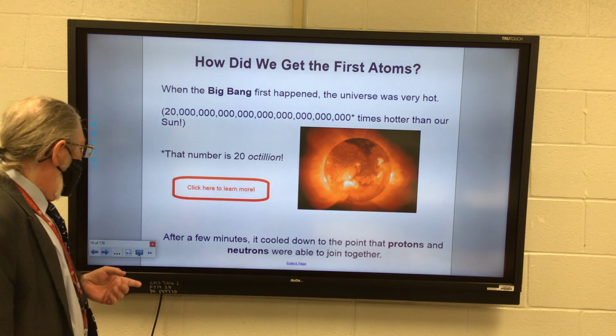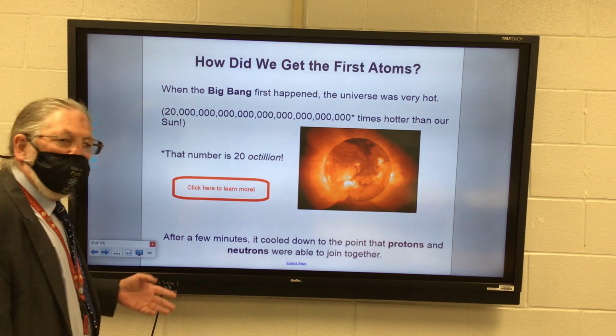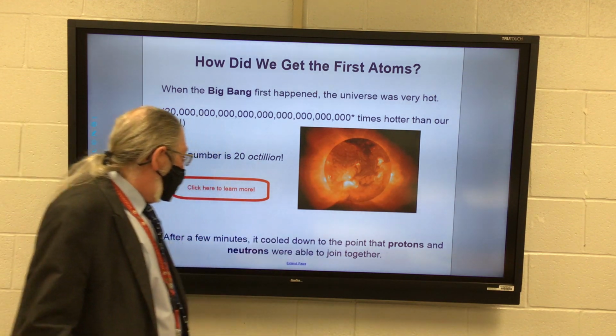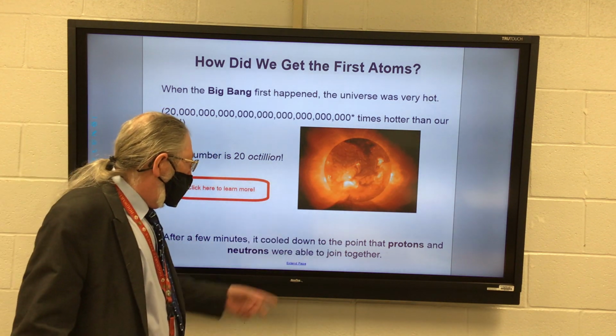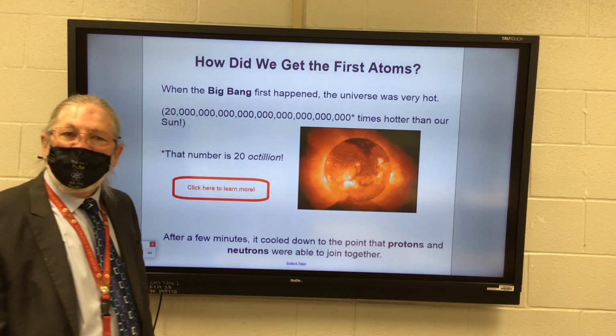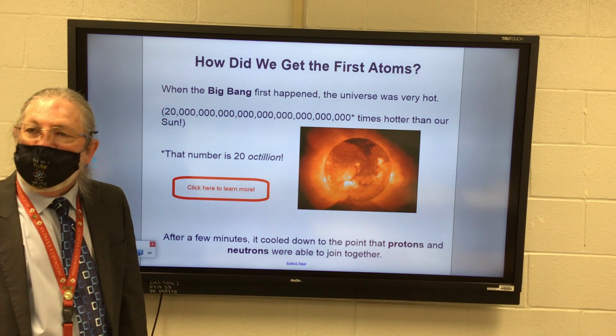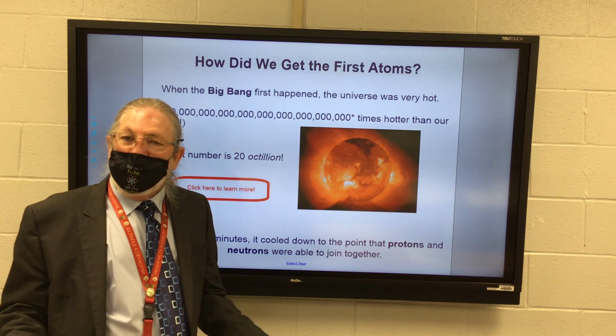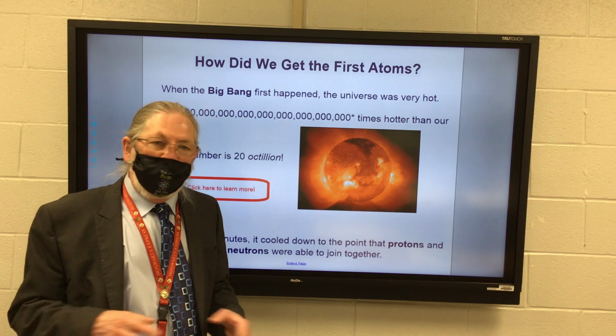Okay, after a few minutes, literally after a few minutes, it cooled down to the point that protons and neutrons were able to join together. Protons are positive and the neutrons were neutral, right? Now, at this point, there were no electrons.